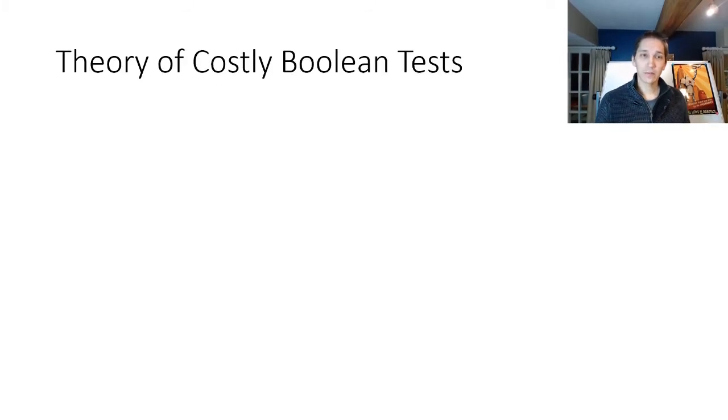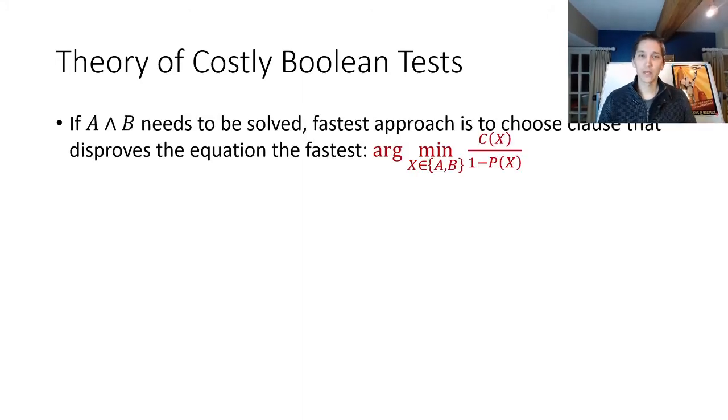A bit of theory about how to deal with lazy planning in a more formal way is a bit of theory about Boolean testing, where each of these tests requires some sort of costly action that needs to be performed. So let's suppose that we need to solve problems A and B, or show that this whole thing is false. This whole equation A and B is false.